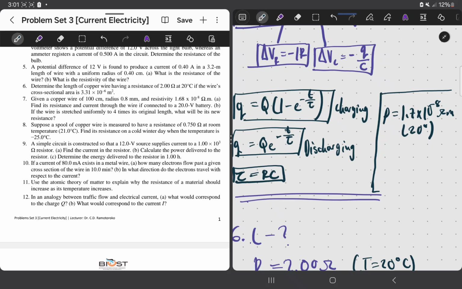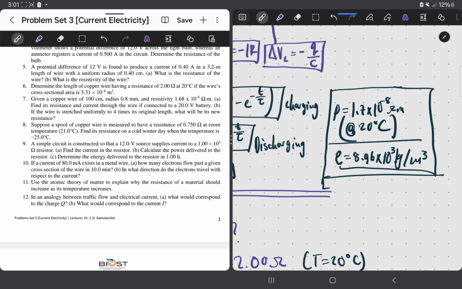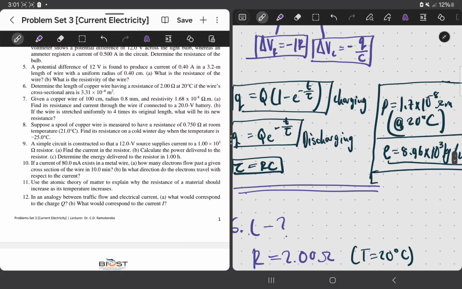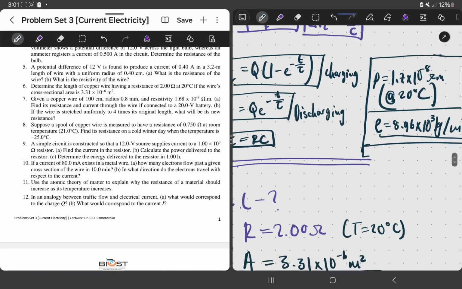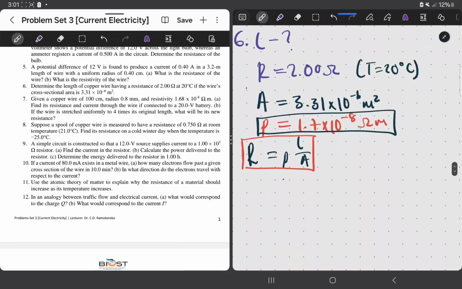Then the other thing was the density, which we saw was 8.96 times 10 to the power of 3 kilogram per cubic meter, also at 20 degrees Celsius. If I know these 2 things, then I'll be fine. This is going to be the density of copper and the resistivity: 1.7 times 10 to the negative 8, and 8.96 times 10 to the positive 3. I'm going to remind you at the end again so that you don't forget.